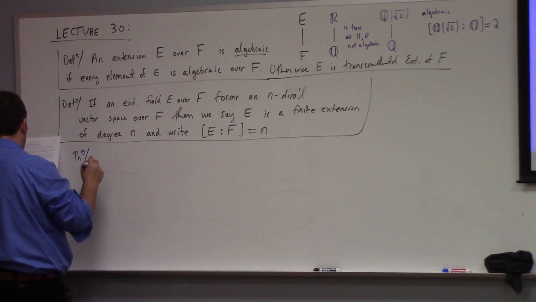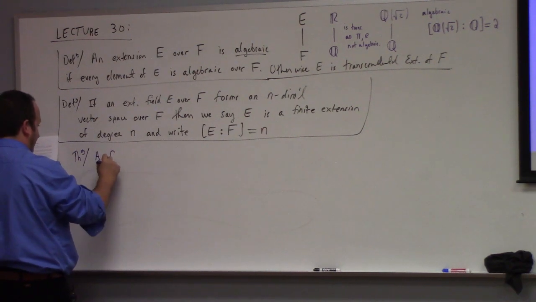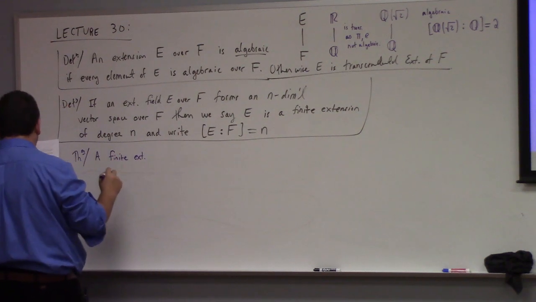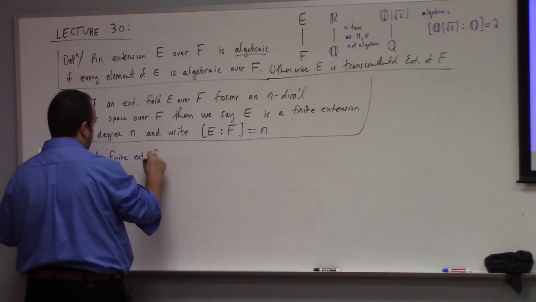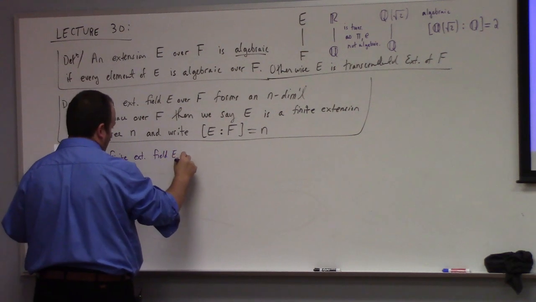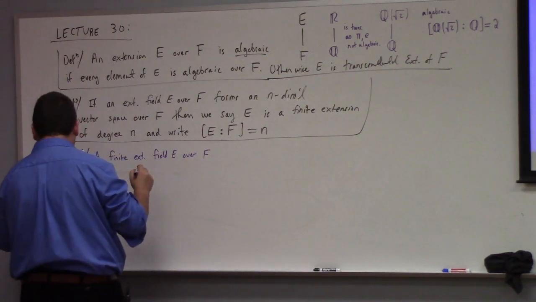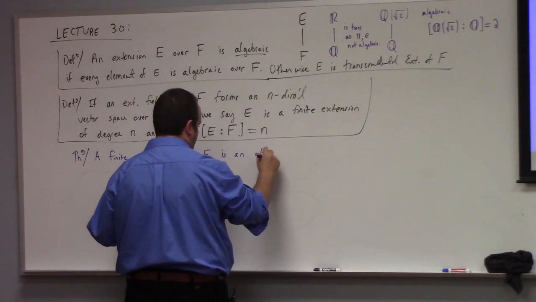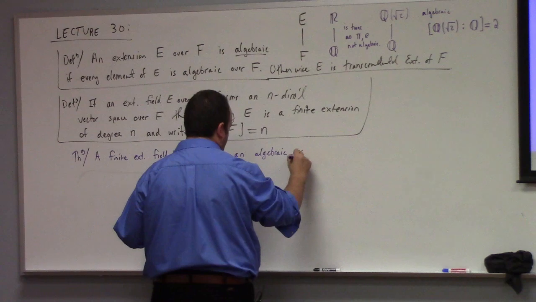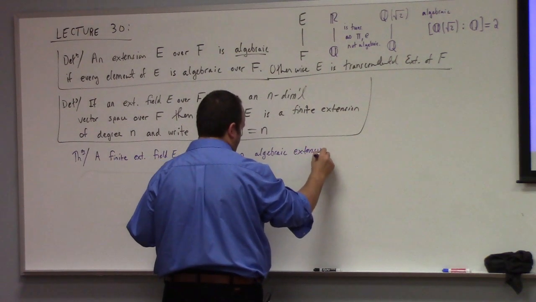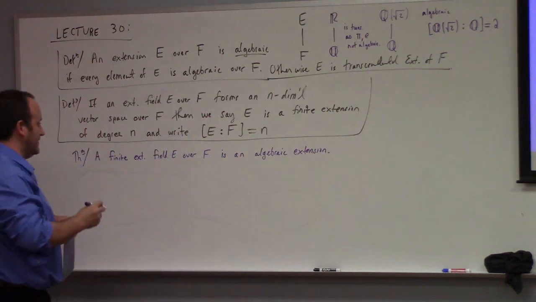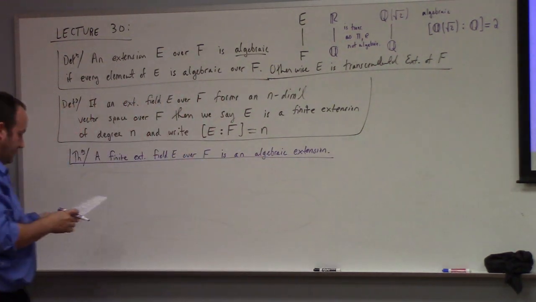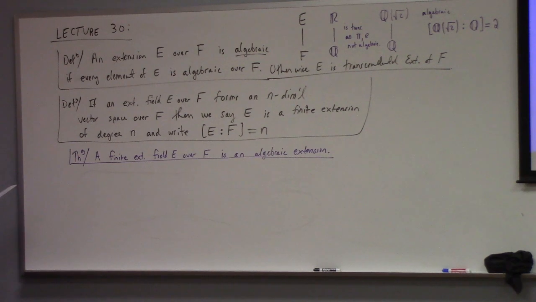A finite extension field E over F is an algebraic extension. The proof is suspiciously short.